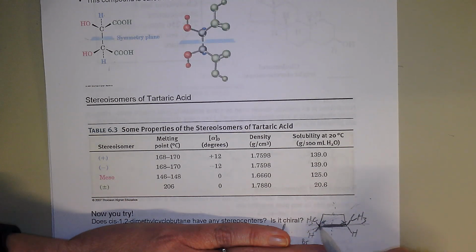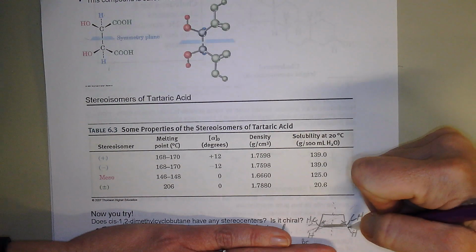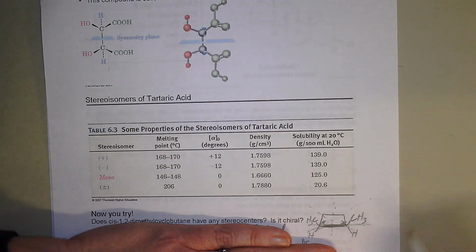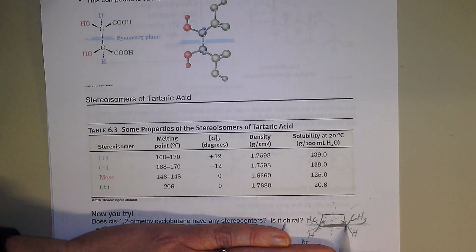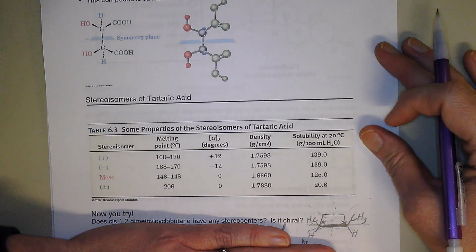Okay, so then I've got different stuff here, here, here, and here. So that is a stereocenter. If I draw my plane of symmetry through there, then on this side, I've got only hydrogens, and on this side, I've got a methyl. So you have different stuff here, here, the methyl, and the hydrogen. So that is also a stereocenter. So it does have two stereocenters.